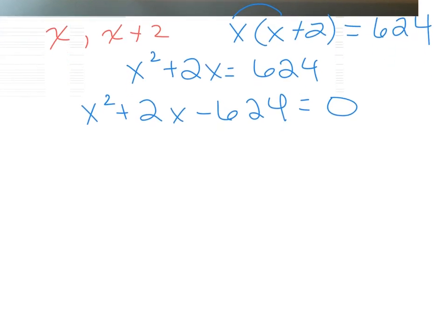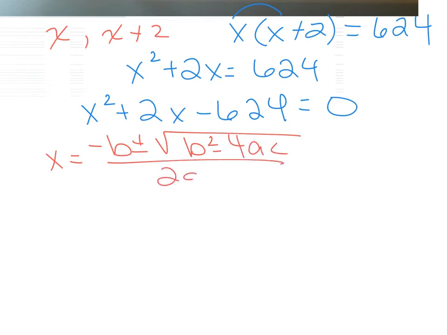So we're going to write our quadratic formula. X equals negative b plus minus the square root of b squared minus 4ac over 2a. A is 1, b is 2, c is negative 624.